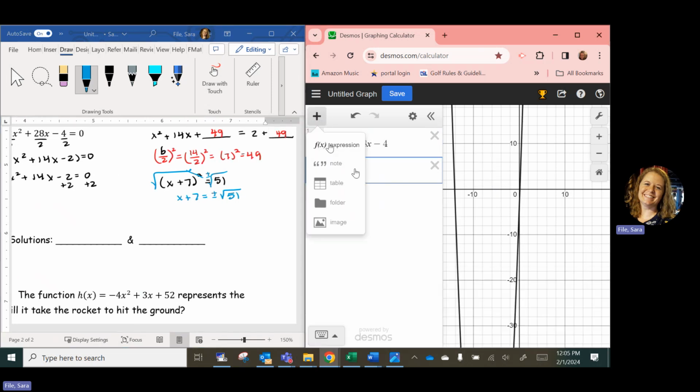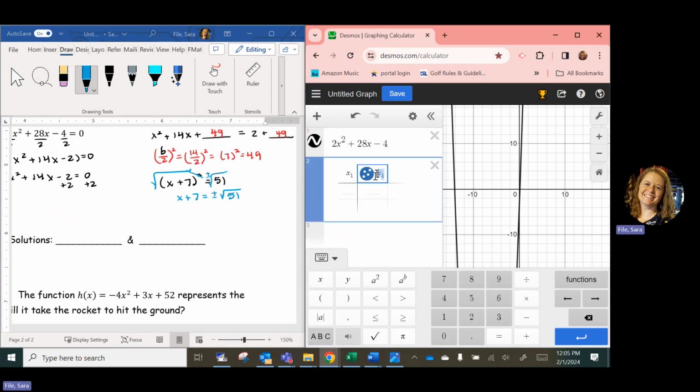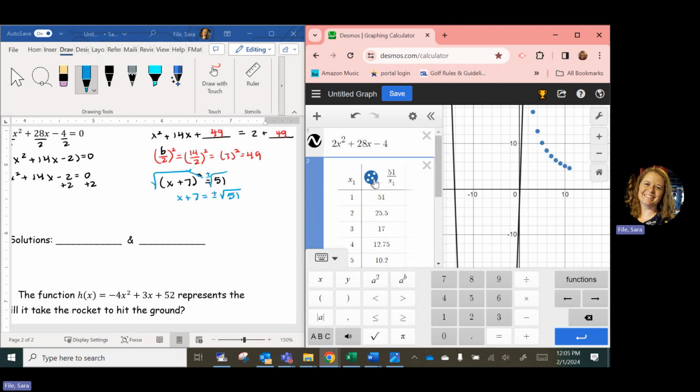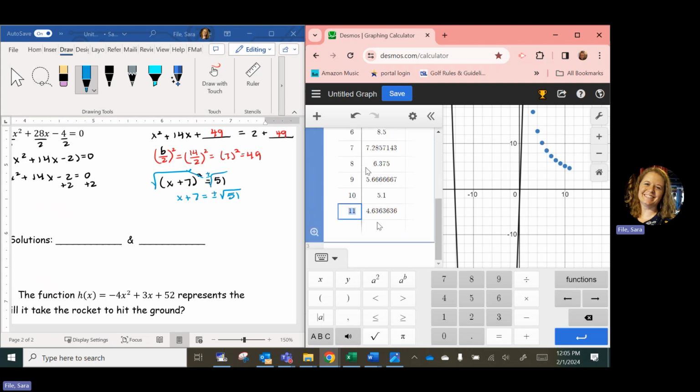So you can add a table, and instead of y1, we're going to put in the number we want to know the factors of divided by x1. And then we're going to start typing in 1, enter, 2, enter, and then it'll start self-populating and you can make a big table. We're looking for integer factors. So 1 and 51, 3 and 17, and all the rest look like decimals, and you can keep going.